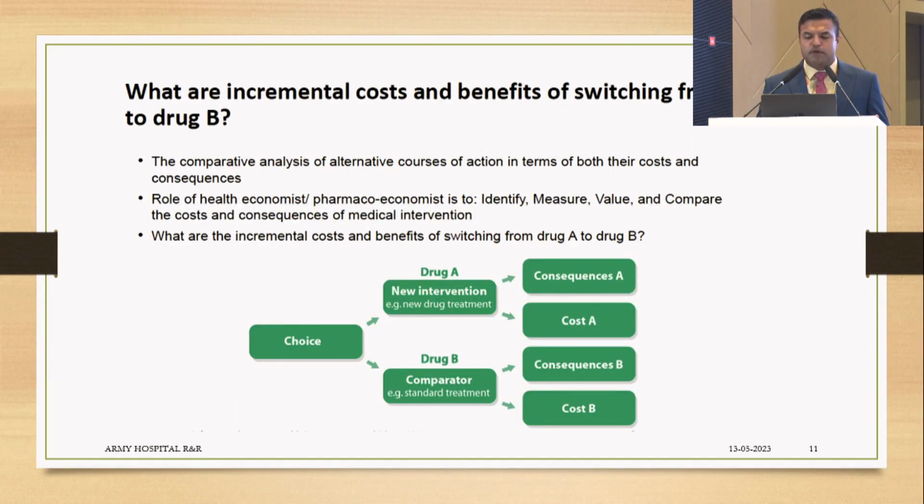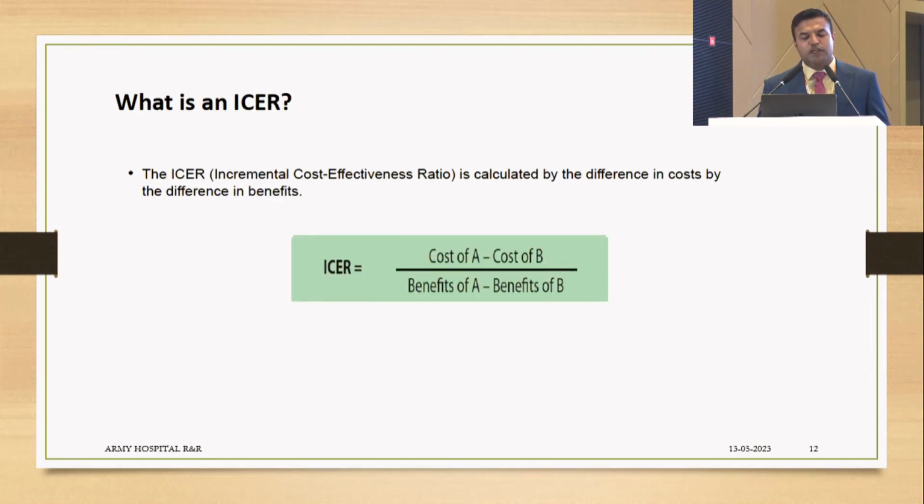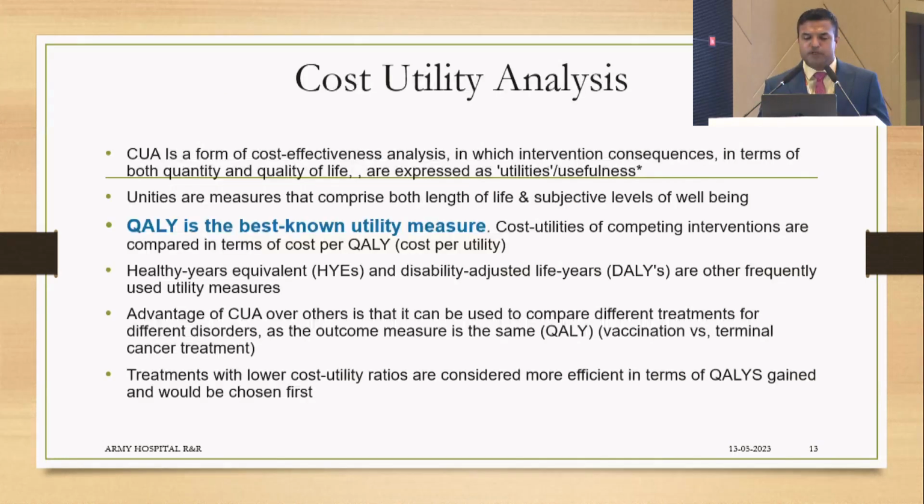So you have drug A, drug B, you measure the consequences and the costs, and you derive an incremental cost effectiveness ratio by the difference of the new molecule compared to the standard treatment and the benefits, and the one with a lower ratio is preferred.